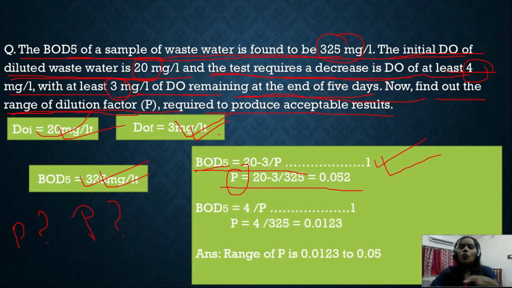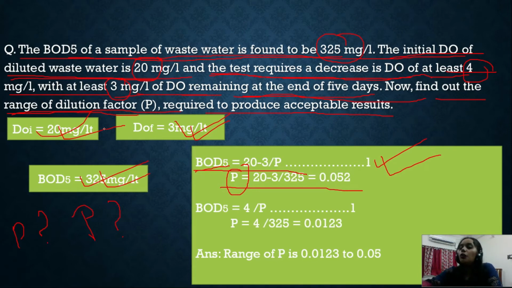During the test, the ideal condition is that the decrease of dissolved oxygen, the drop of dissolved oxygen, should be 4 milligram per liter, as we have seen in the earlier question.